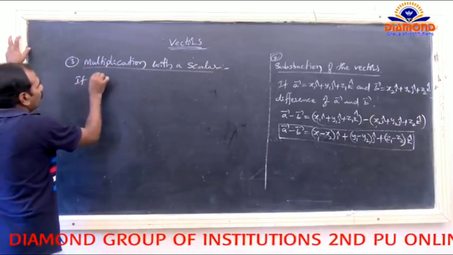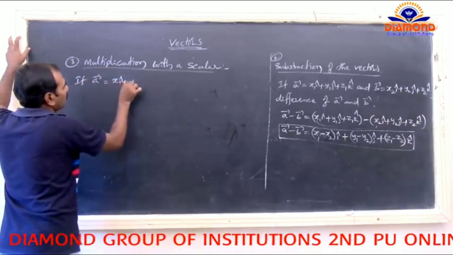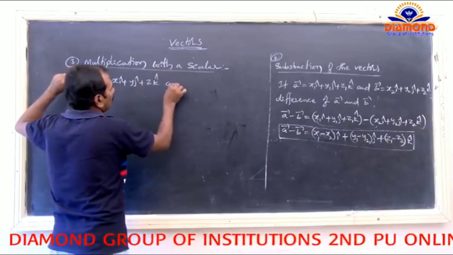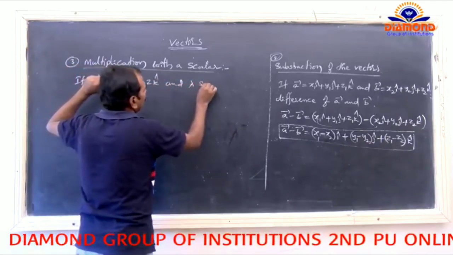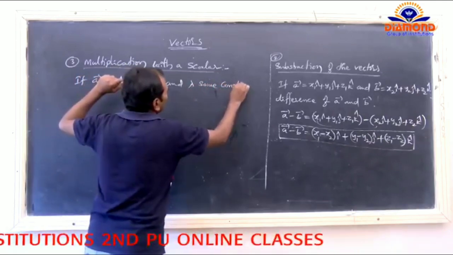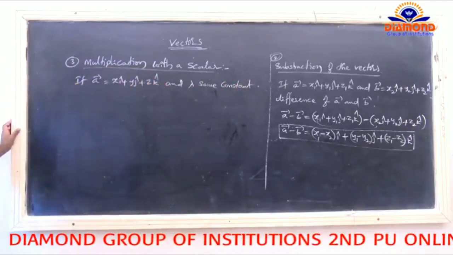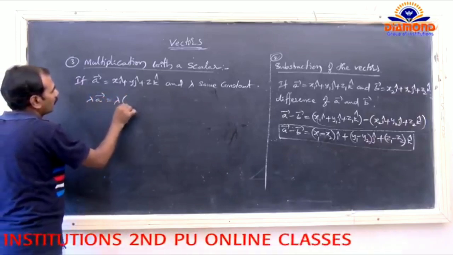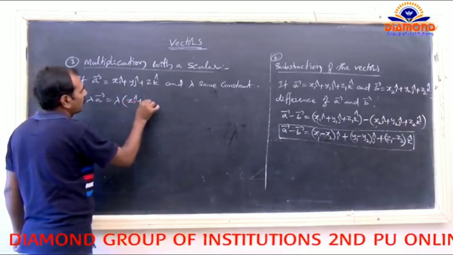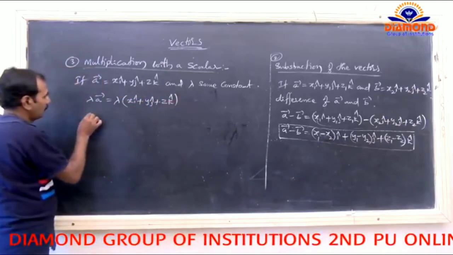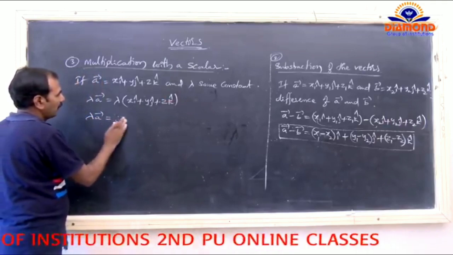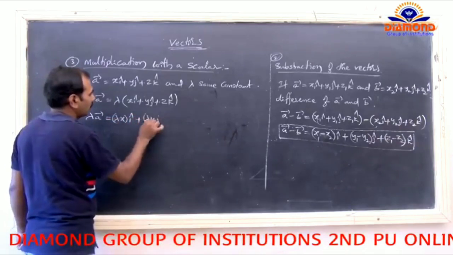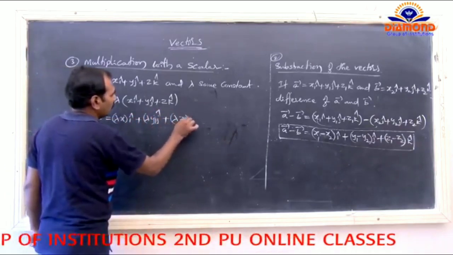If A bar equal to x i cap plus y j cap plus z k cap and lambda is some constant, a scalar, then lambda A bar equals lambda x i cap plus lambda y j cap plus lambda z k cap.